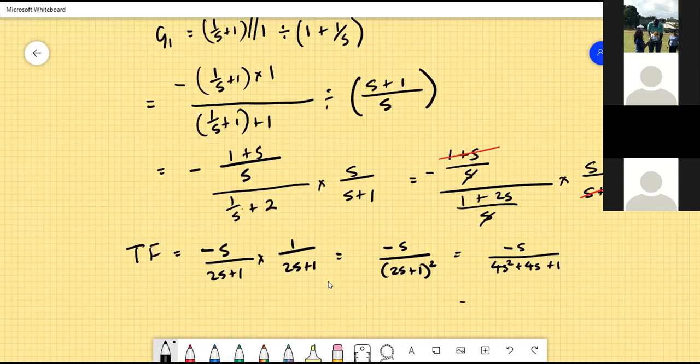Now if we divide by 4, it's minus a quarter s over s squared plus s plus a quarter. All right, so if we write it down now, we don't really need MATLAB to write this down as the transfer function. But let us assume that you remember how to write it down.